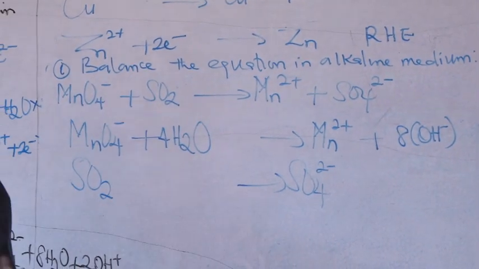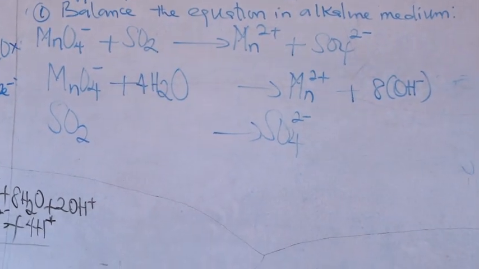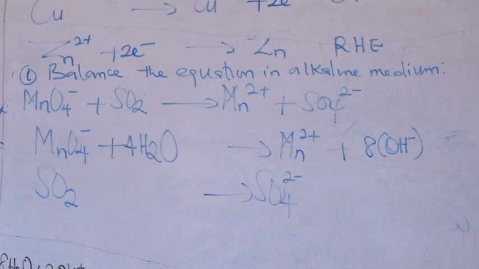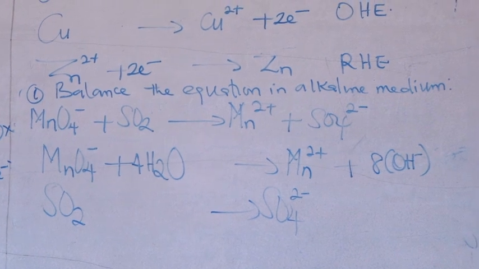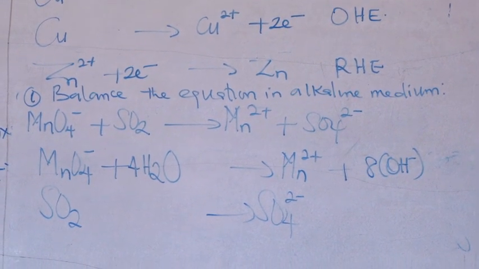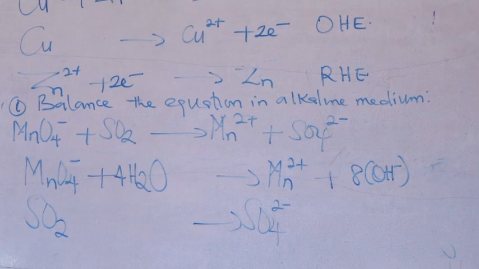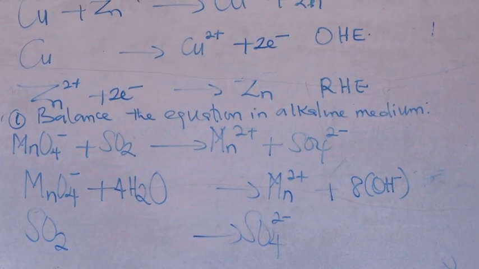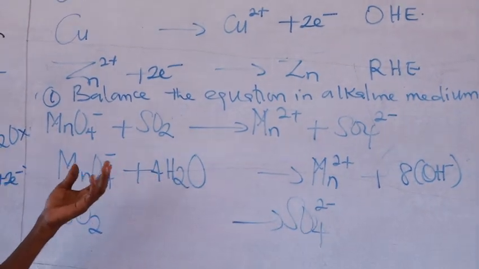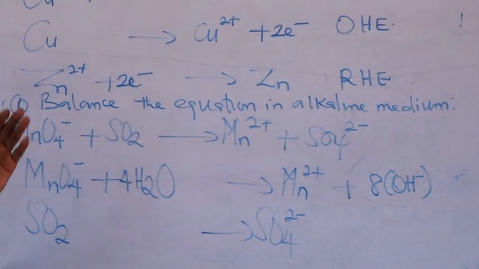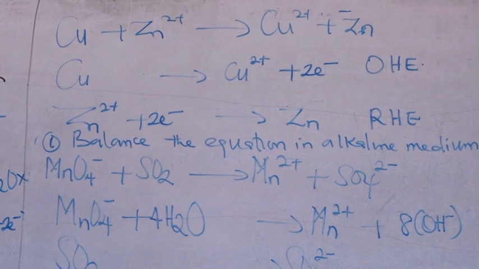That means if you want to balance in alkaline medium, where there is excess oxygen, that is where you add water molecules. And the number of water molecules you add corresponds to the shortage or difference in the oxygen atoms. And at the other side, you add hydroxyl ions.